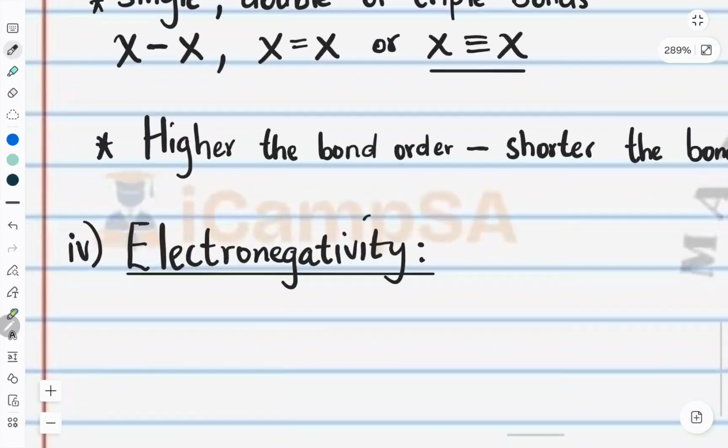All right, so in the case of electronegativity, what we talk about here is when the individual atoms that make up that molecule have a very large difference in electronegativity, what tends to happen is they will exert a higher attraction force, and they will be attracted to one another.